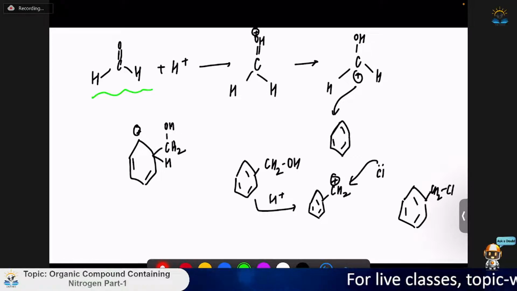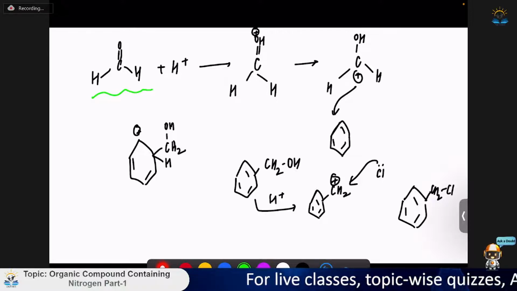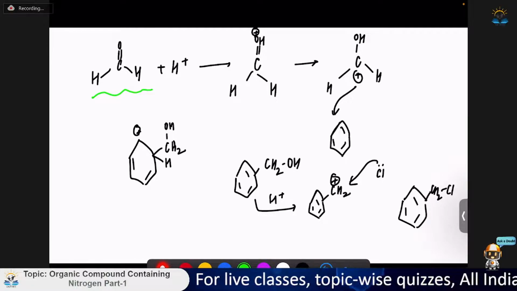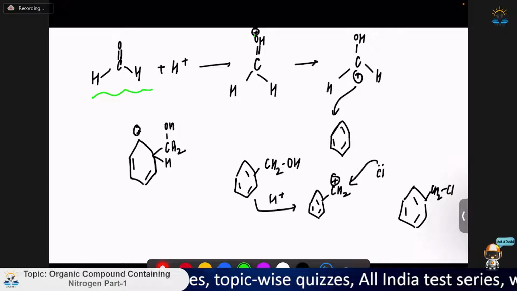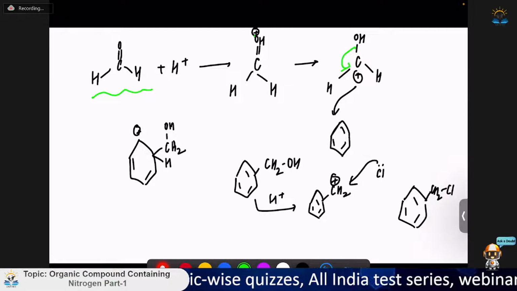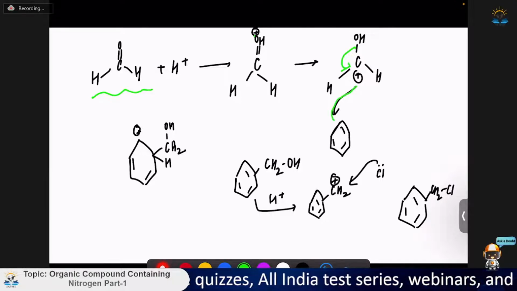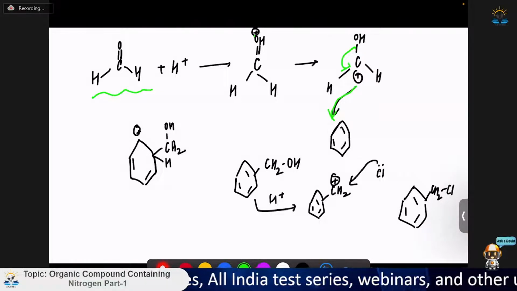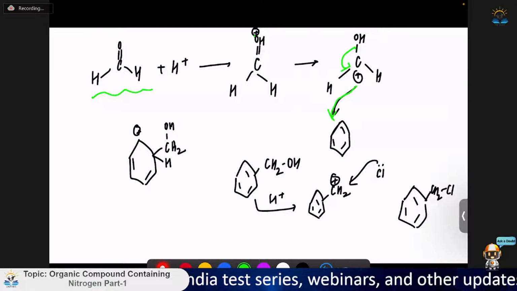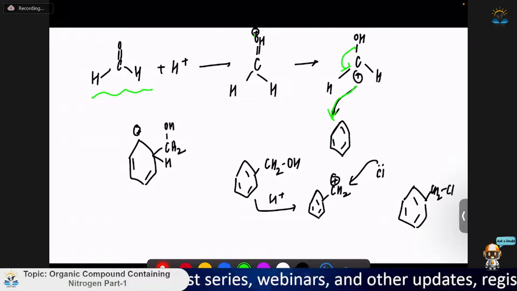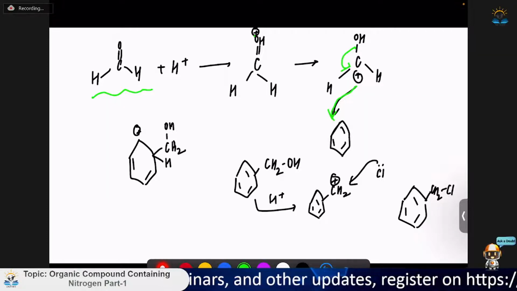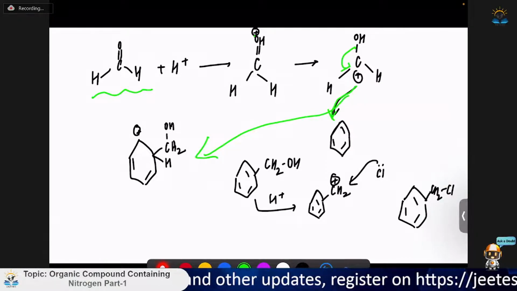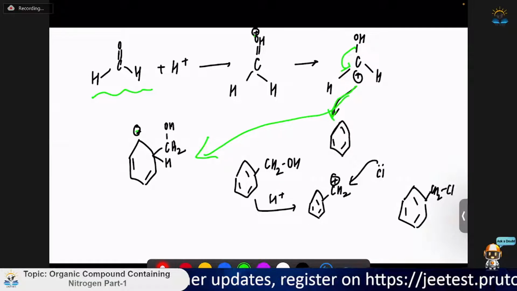So this HCHO, when acid is there, this H plus will go and attack on oxygen and O will have a positive charge. This positive charge is not stable on the O atom, so it will come to the carbon atom. And then what will happen? This will attack on benzene, and it will form something like this. And then the positive charge comes on the benzene ring.